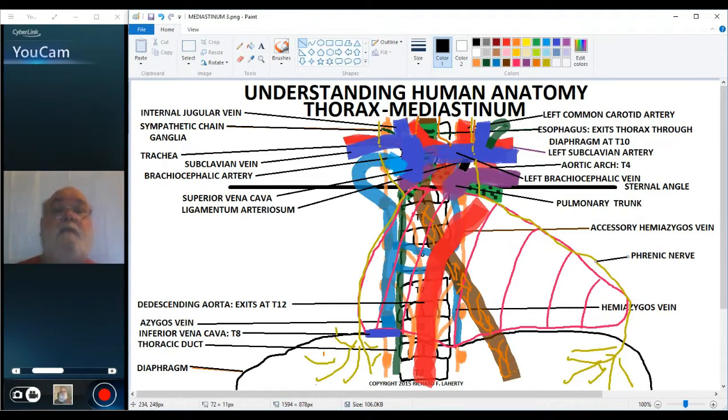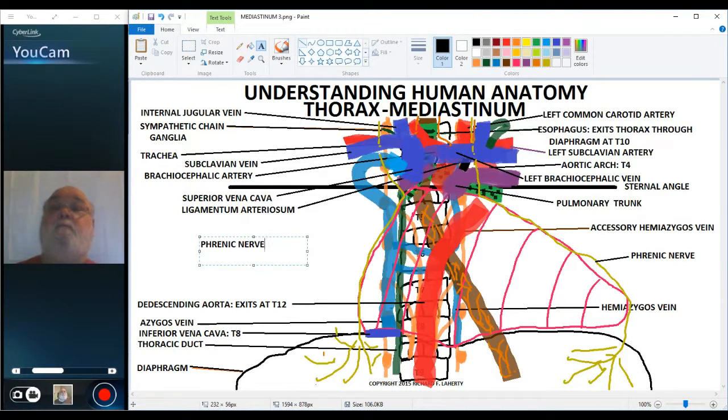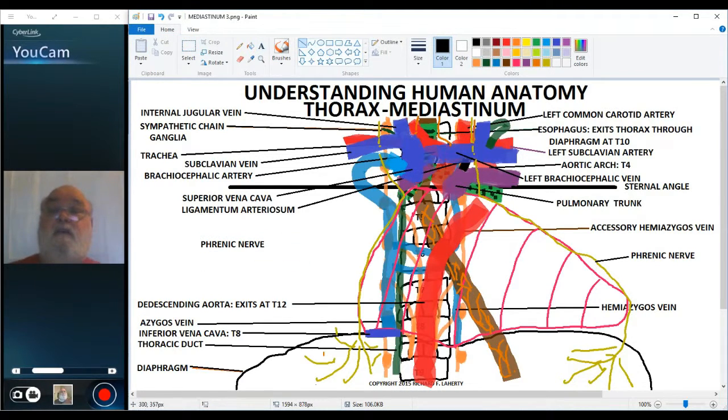We talked about the mechanism of respiration. And remember that the diaphragm was critical to that. And so if you are unable to use the diaphragm, you have a much more difficult time breathing, moving air in and out of the lungs.